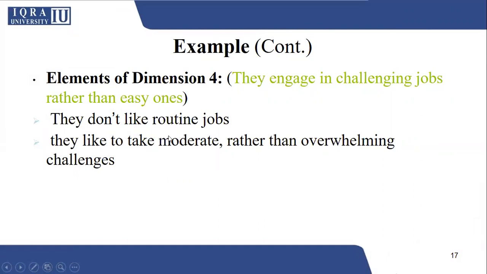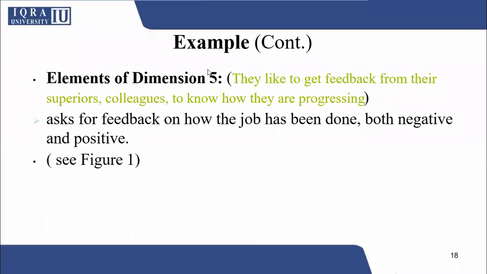They don't like routine jobs. They like to take moderate rather than overwhelming challenges. Fifth dimension, they like to get feedback from their superiors and colleagues to know how they are progressing. They ask for feedback on how the job has been done, both negative and positive.